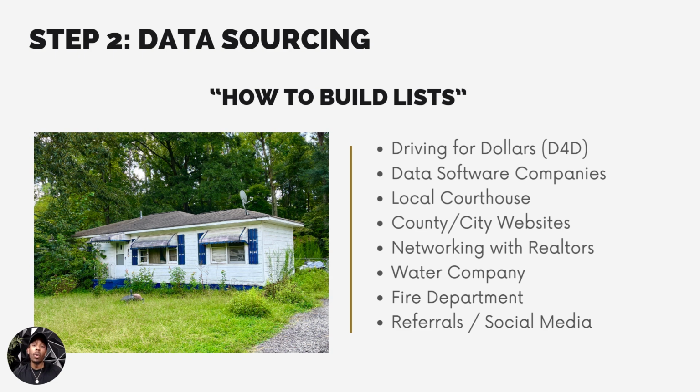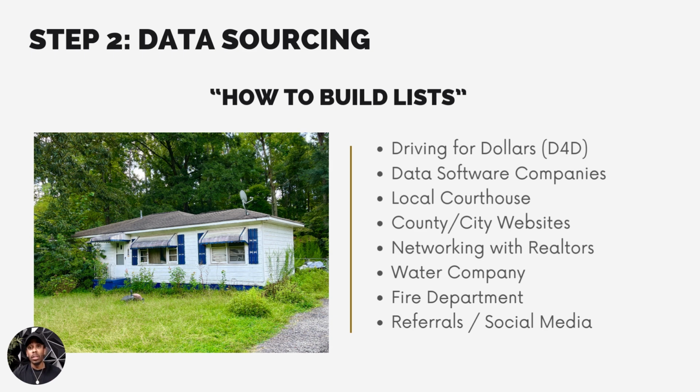You can go to the local courthouse to get records as well in the city or the market that you're in. You can go to county or city websites, do a Google search to find certain lists there as well, like your code enforcement, code violations, tax delinquent, things of that sort.